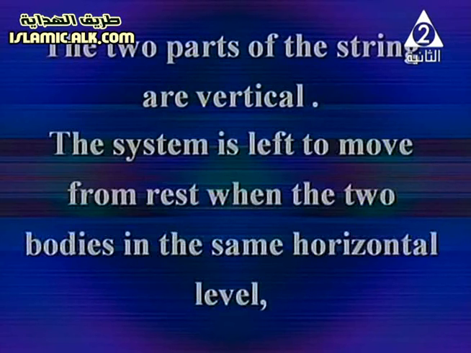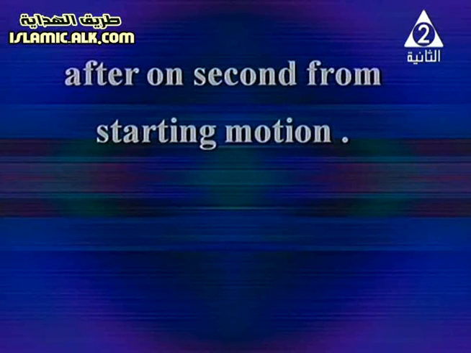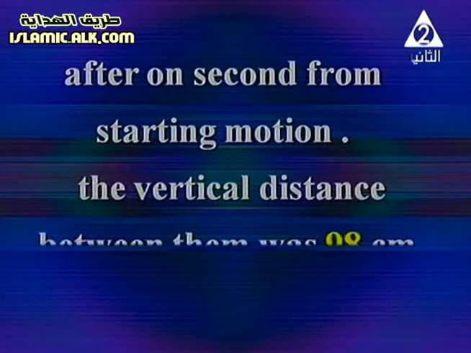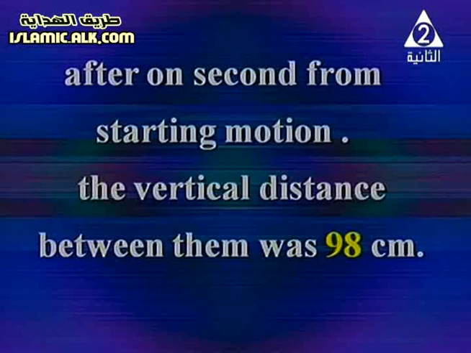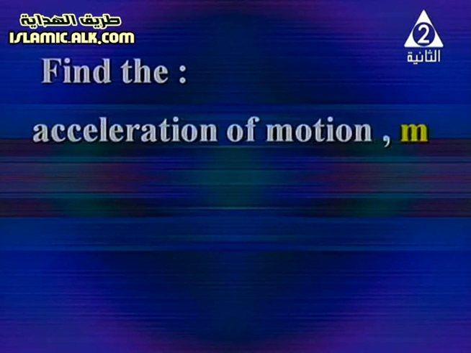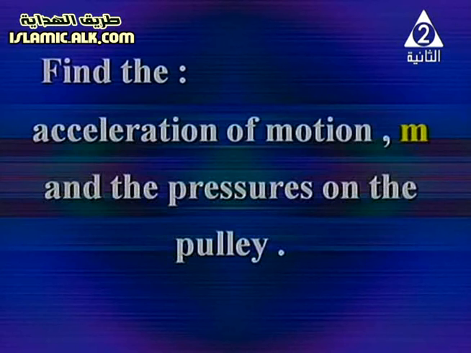The system is left to move from rest when the two bodies are at the same horizontal level. After 1 second from starting motion, the vertical distance between them was 98 centimeters. What is required? Find the acceleration of motion, m, and the pressure on the pulley.